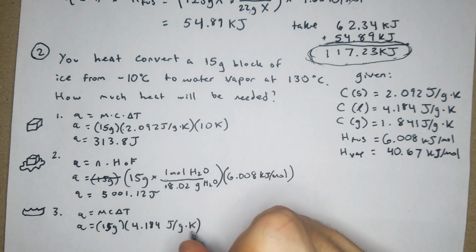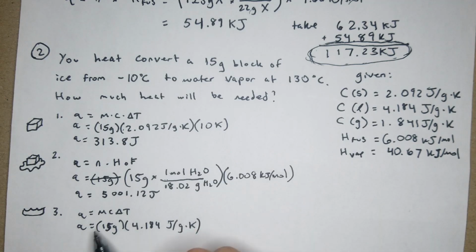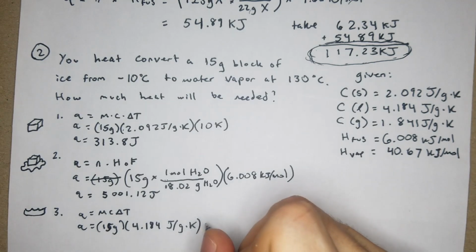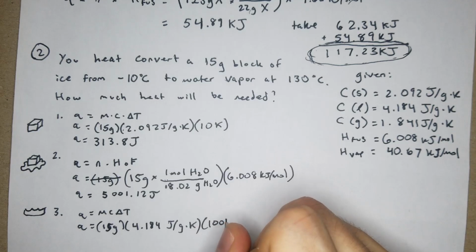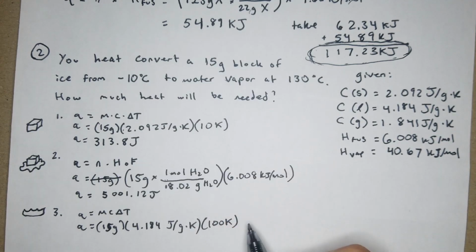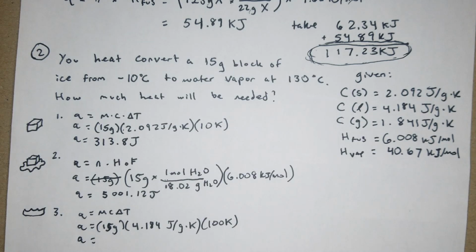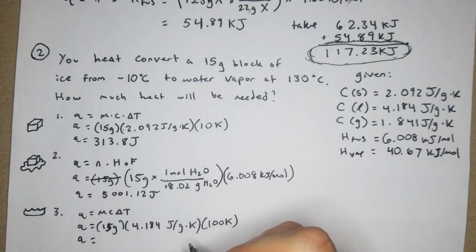And then we have our change in T. Here we're trying to go from 0 degrees to 100 degrees, so 100 Kelvin. We have 15 times 4.184 times 100.